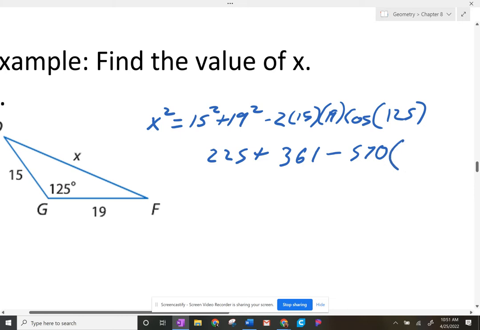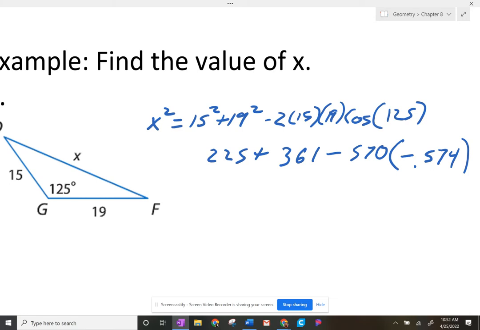So I'm going to put in parentheses. Cosine of 125 gives me a negative 0.574. Okay, notice that I got a negative times a negative. So times that negative 570.